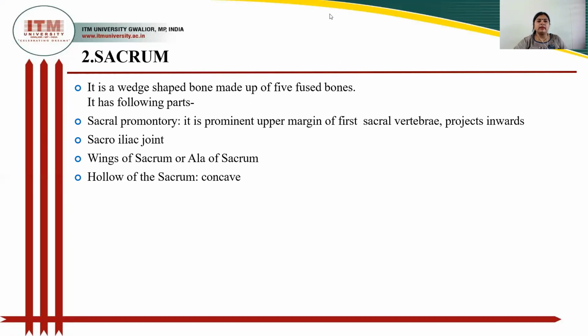The sacrum has the following parts. The sacral promontory, the bulged part, is the prominent margin of the first sacral vertebra projecting inwards. Then there is the sacroiliac joint. Then the wings or ala of the sacrum. Then there is the hollow of the sacrum, the concave part.